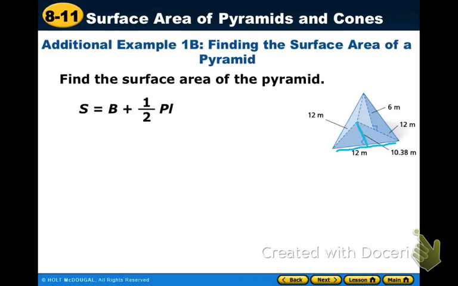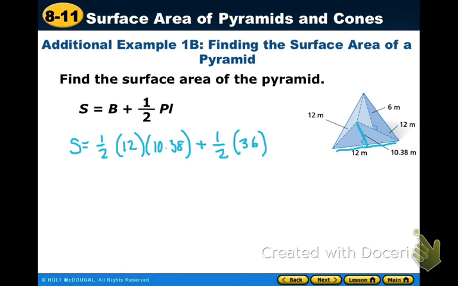So we would have the area of the base would be 1/2 of 12 times 10.39, plus then you have 1/2 of the perimeter, so you'll take 12 plus 12 plus 12 to get 36.